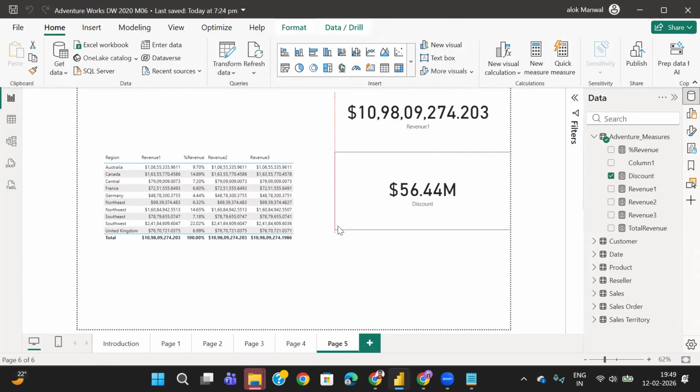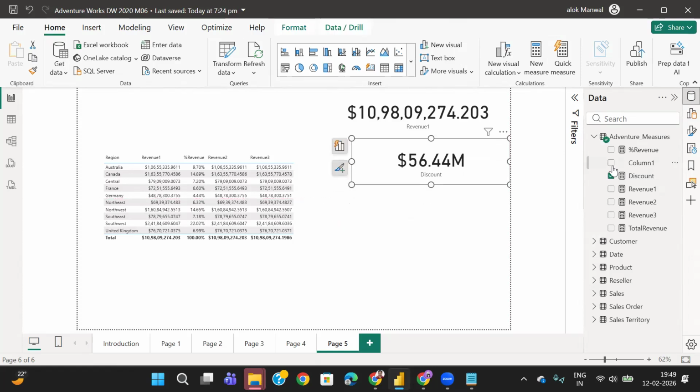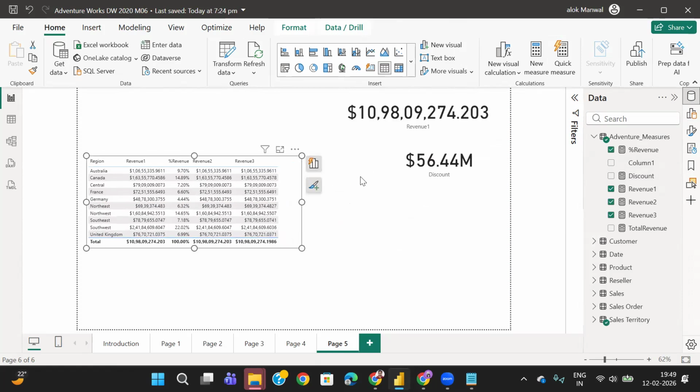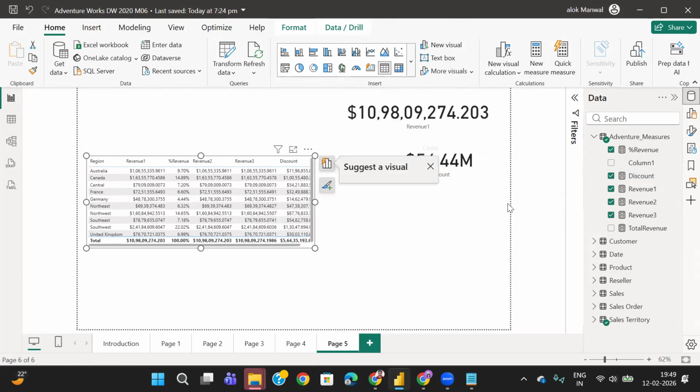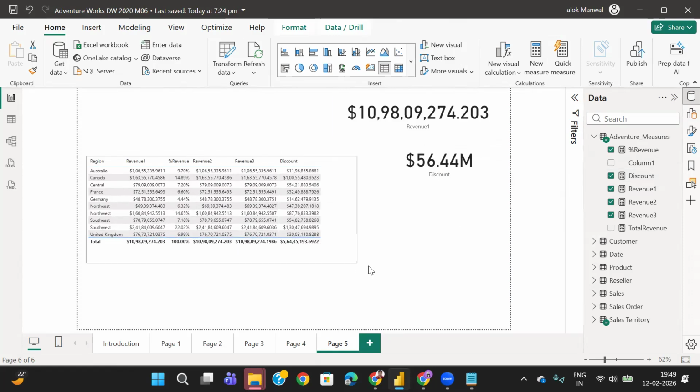This is our total discount. Let me get it into region wise. So here it is, we got the discount, this one, total this one.